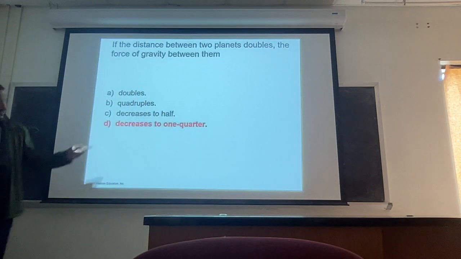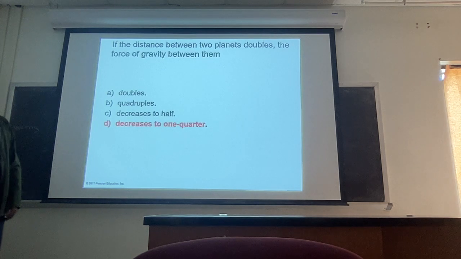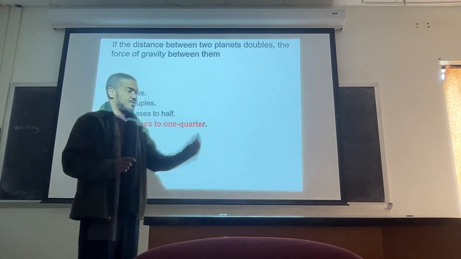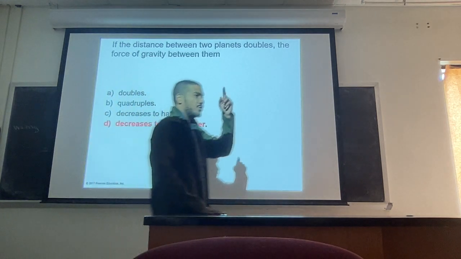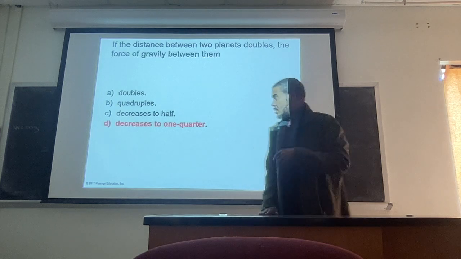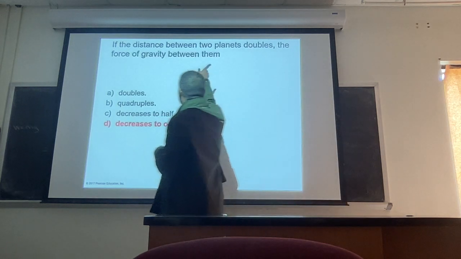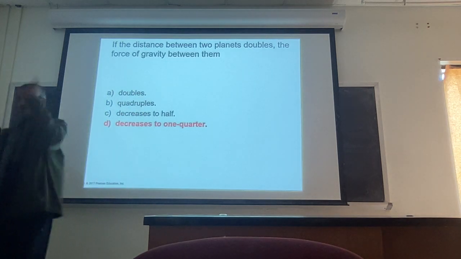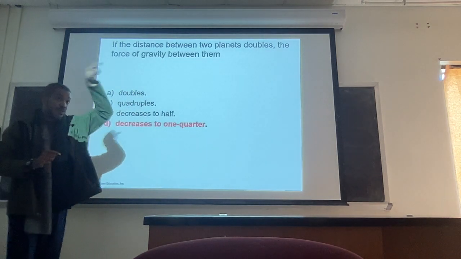I'm wondering why they don't have an explanation here. But anyway, that's a 1 over r squared relationship. So 1/4 would be 1 over what? 1 over 2. The distance between the 2 planets doubles, right? So 1 over r squared.